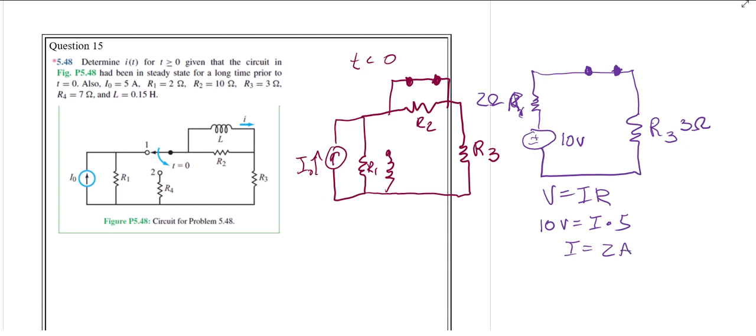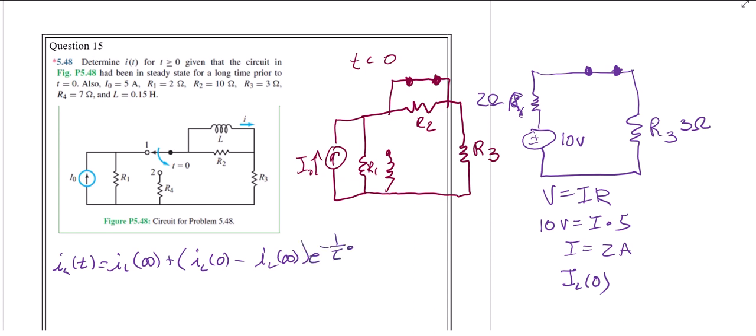And 2 amps, that is IL of 0. What we're looking for is IL of t equals IL at infinity plus IL at 0 minus IL at infinity, times e to the minus 1 over tau times t.